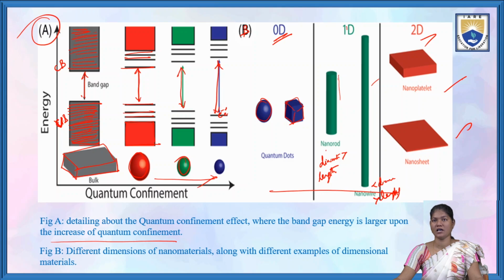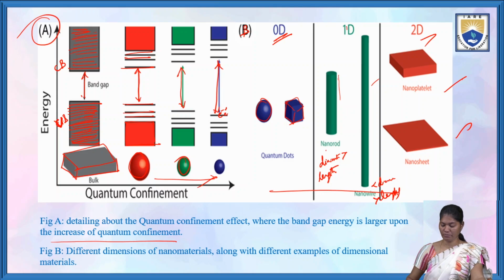So the electrons are confined in different energy levels, so that it shows different properties such as electrical, mechanical, thermal and physical properties also. That's why nanoparticles have different properties when compared to bulk material.